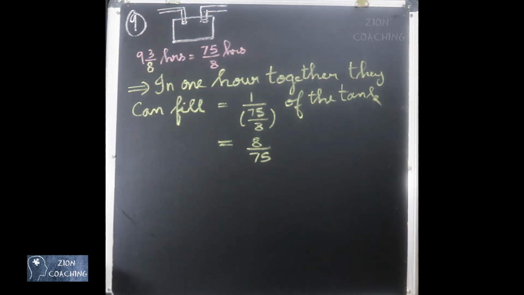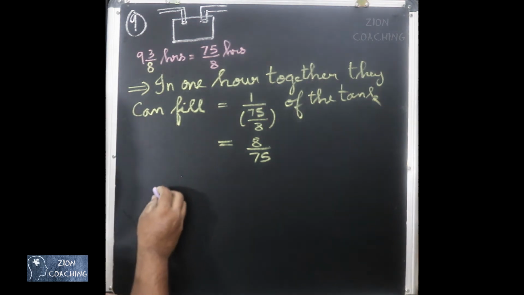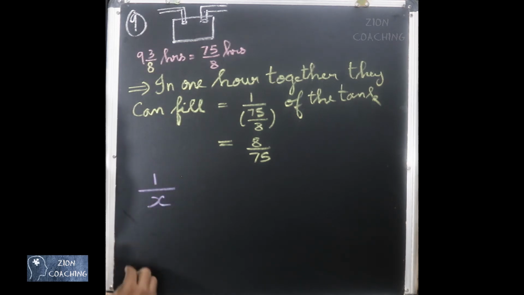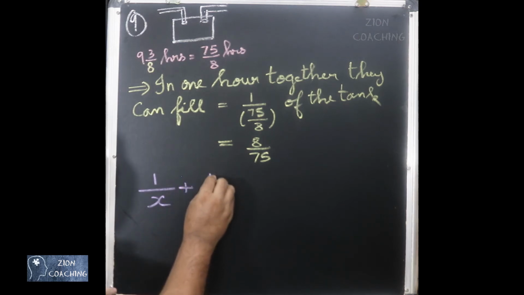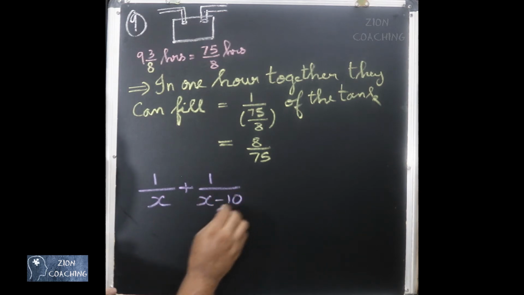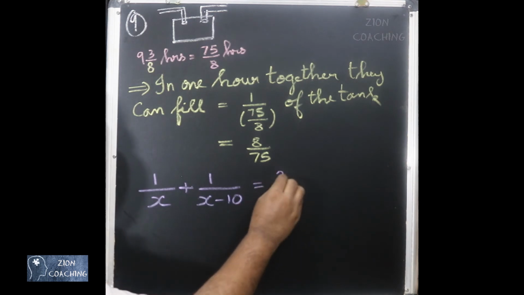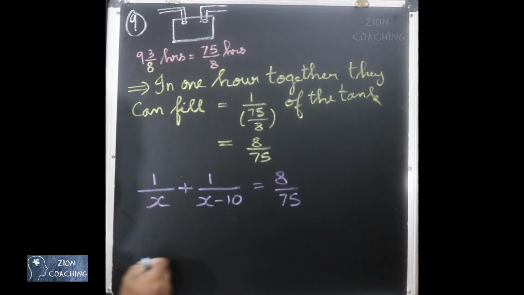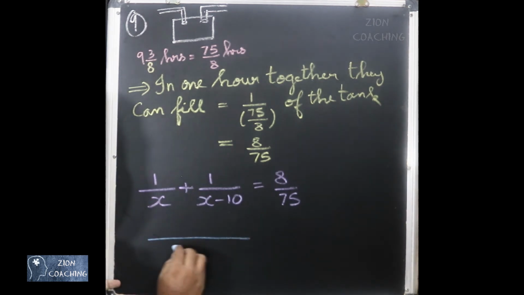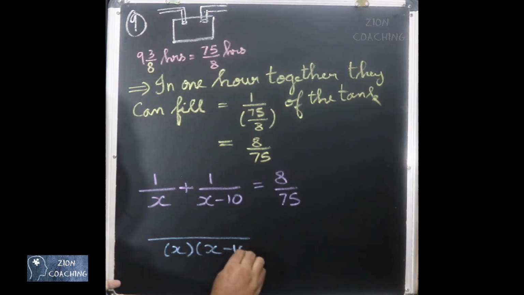So in 1 hour we found that the smaller tap is going to fill 1 by x of the tank, together with the tap with the larger diameter. It is going to fill 1 by x minus 10 of the tank. They both together are filling 8 by 75 of the tank. When we take LCM, the LCM is going to be x into x minus 10.